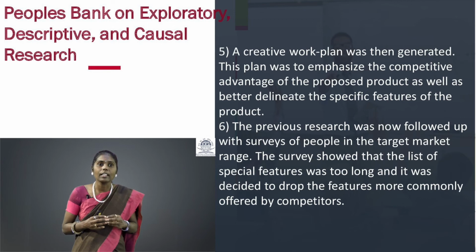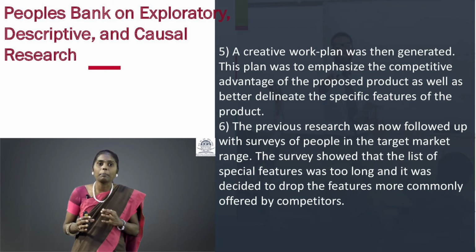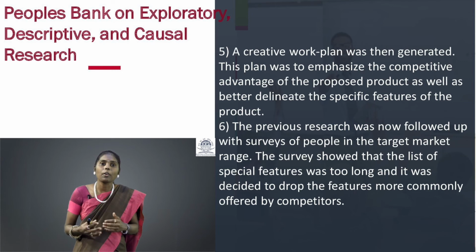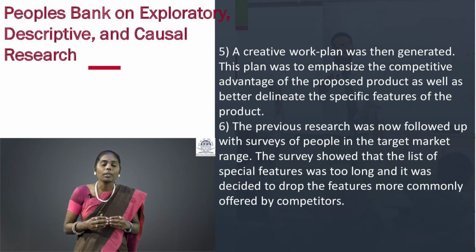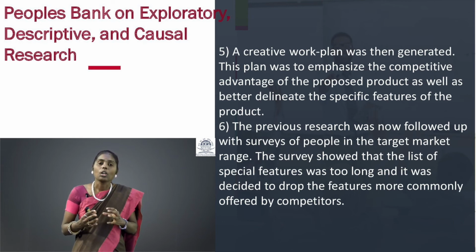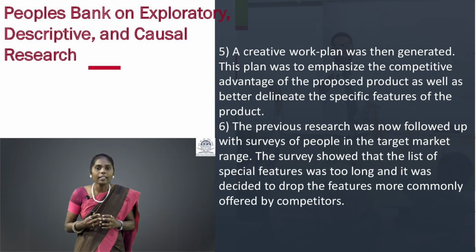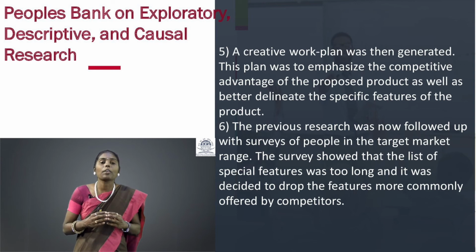Then they identified that there exists a competitive products. The people were preferring to go with their competitors' products. That's why for some of their products they are facing losses. But now they wanted to identify which features to be added to their existing products so that the demand for their products would increase.